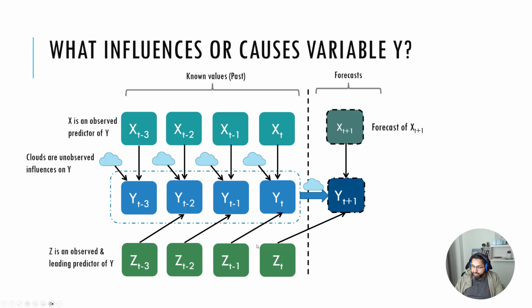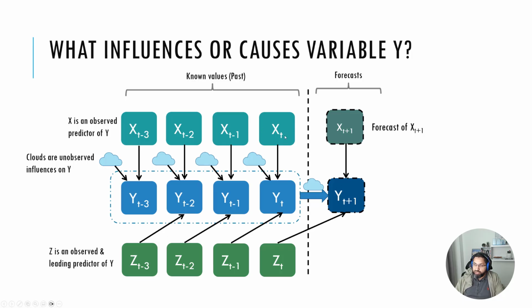So just like Z(T), the arrow goes to the future value, I can treat X(T) as a leading predictor and draw an arrow from X(T) to Y(T+1) and try to use X(T) like a leading predictor, because I know the values of X over time are correlated. So even though I don't know X(T+1), conceptually X(T+1) makes more sense, but because I don't have X(T+1), I can just use X(T) because it's going to be correlated with X(T+1) to get some boost to my forecasting.